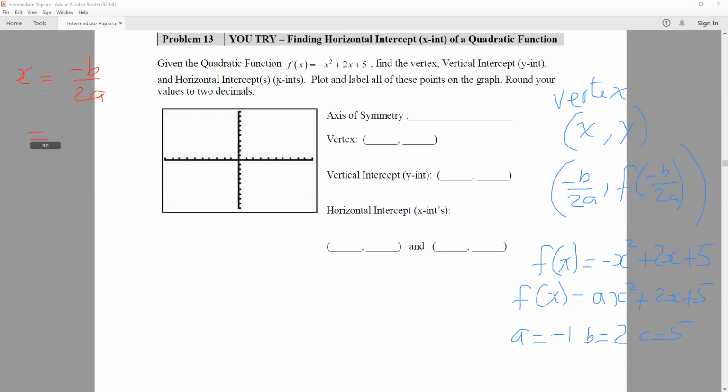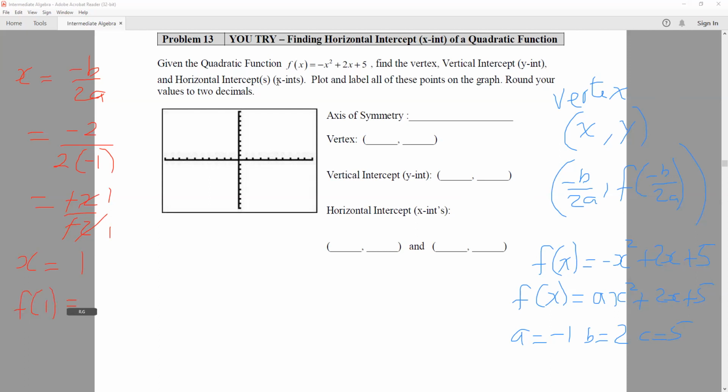So x equals, our b is 2, so we have negative 2 on top, and then we have 2 times negative 1 for a. So this should give us negative 2 over negative 2. And this should give us positive 1, right? 2 will cancel 2, so we have 1 over 1, which is 1. So x is 1.